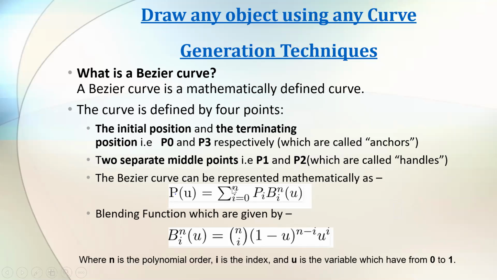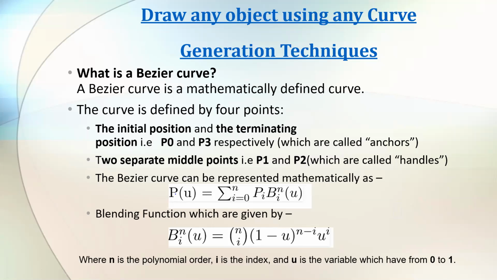Okay. So what is the function of the Bezier curve? It's given here: P(u) equals sigma i equals 0 to n of P_i times B_i,n(u), where u ranges from 0 to 1, P is the set of points, and in sigma, i is the index and n is the polynomial representation you're going to use.